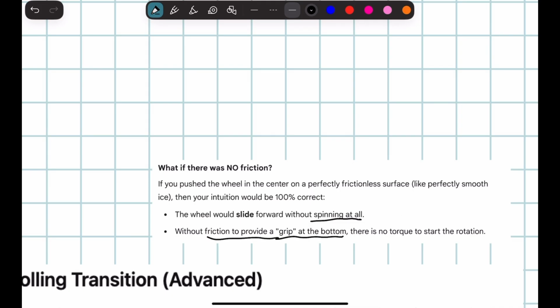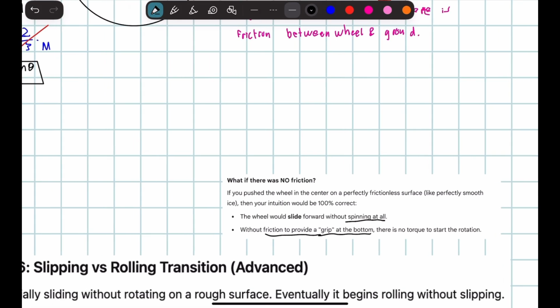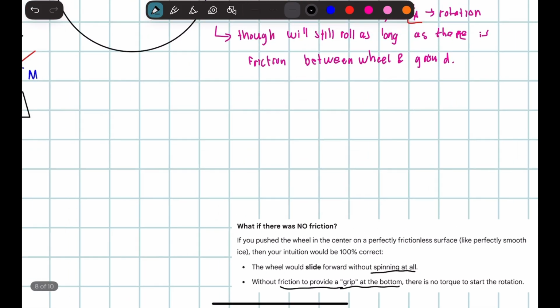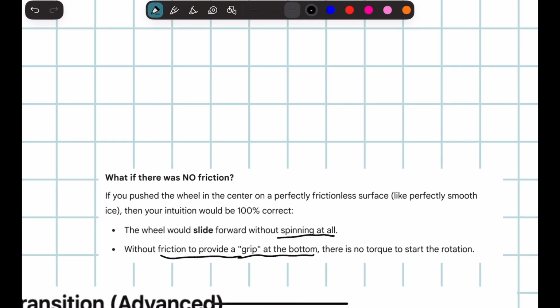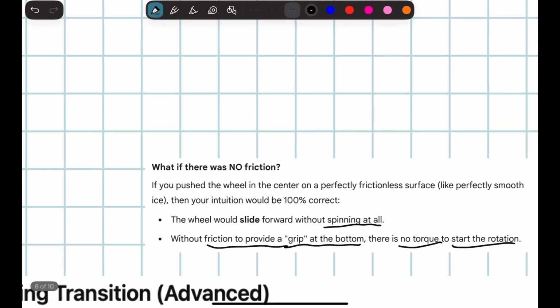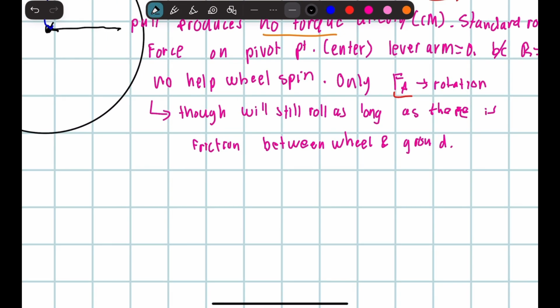There would be no instantaneous point of no displacement. So that means there's no torque to start the rotation. Therefore, no rotation. It's just going to slide like a box. That would not occur unless it was ice.